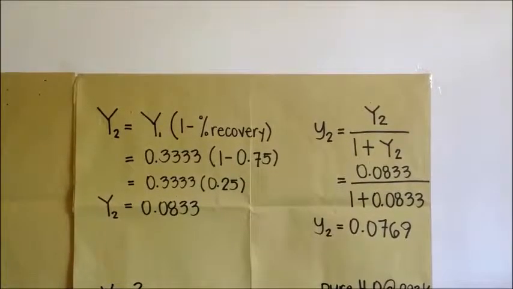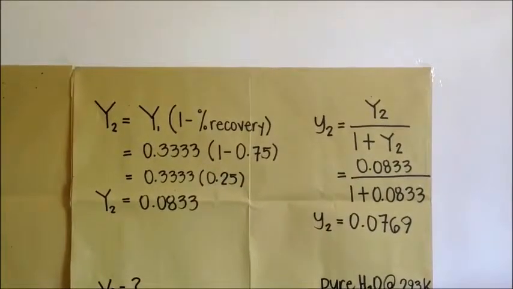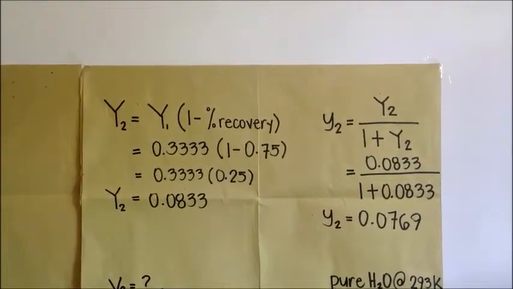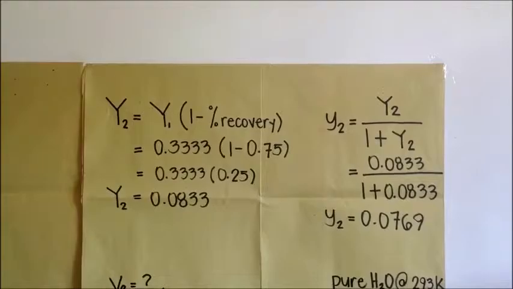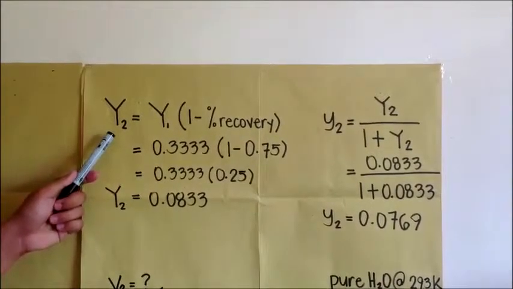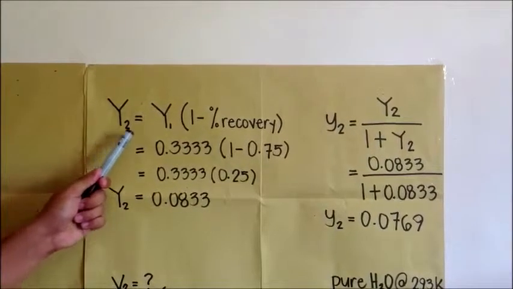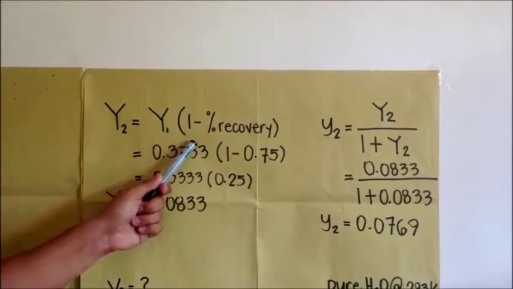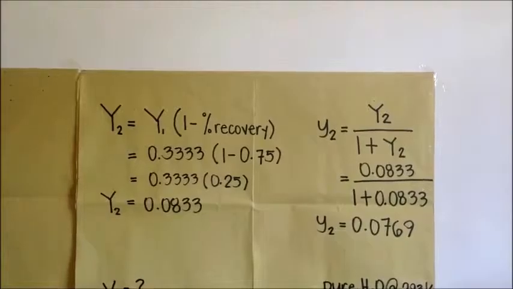Using mass balance is quite too long for us to solve. For easier calculation, we provide a formula which is big Y2 is equal to big Y1 times the quantity of 1 minus the percent recovery.